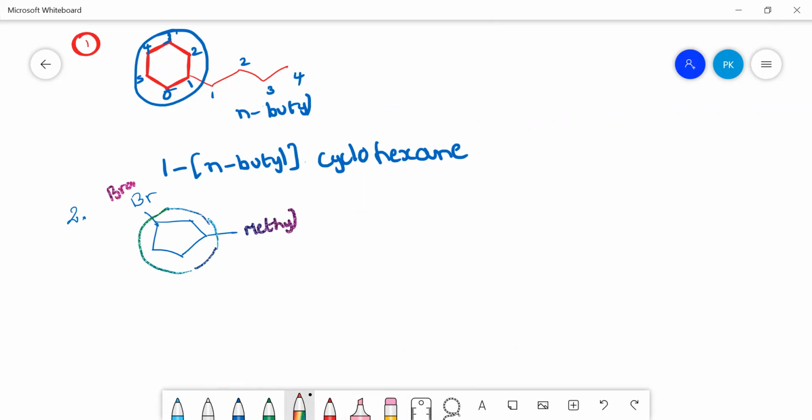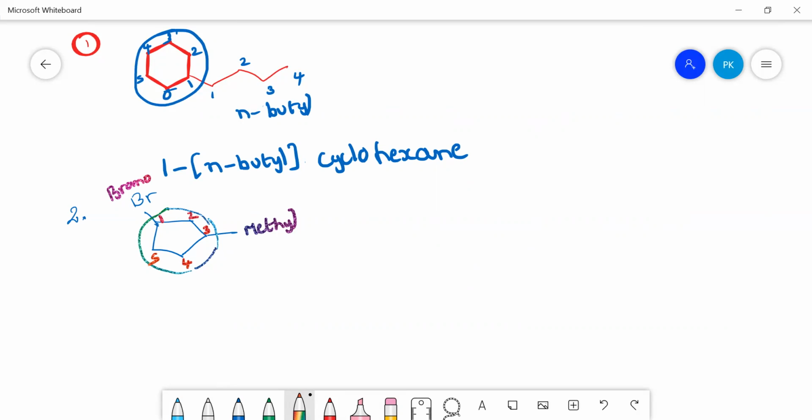Now we should give the numbering, students. When you give numbering with more than one substituent, you follow alphabetical order. So give number 1 to this. If I start this side, the other gets number 4. If I start this side, it gets 3. So give numbering in the way where both substituents get the least value. This is the correct way.